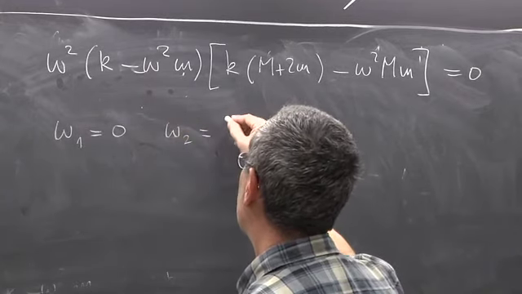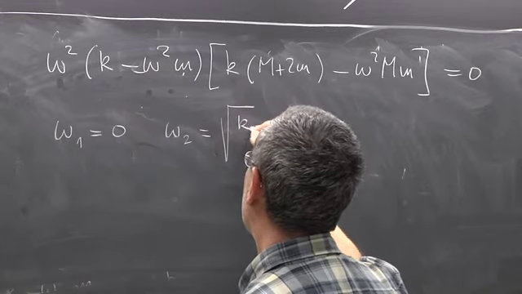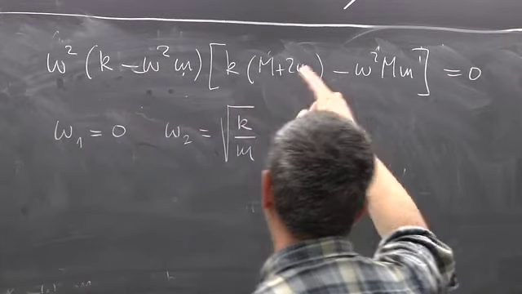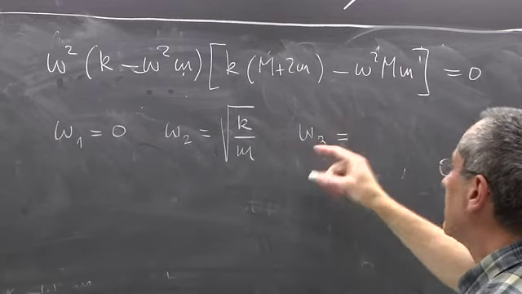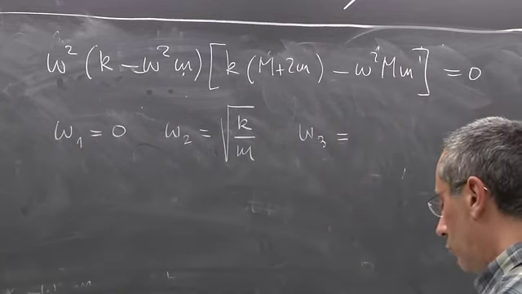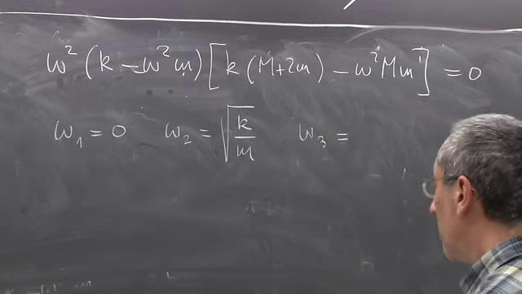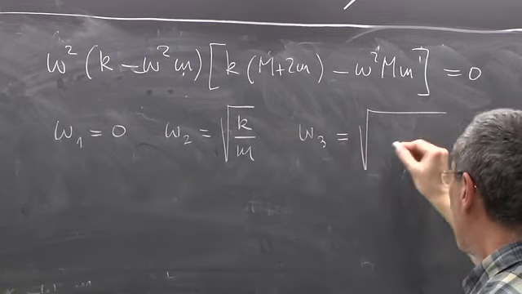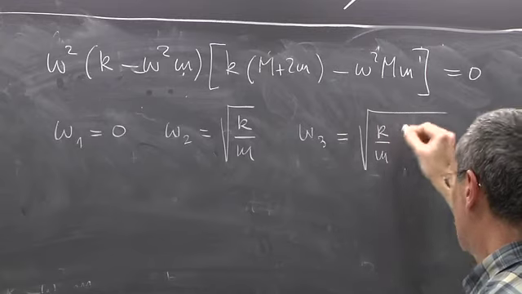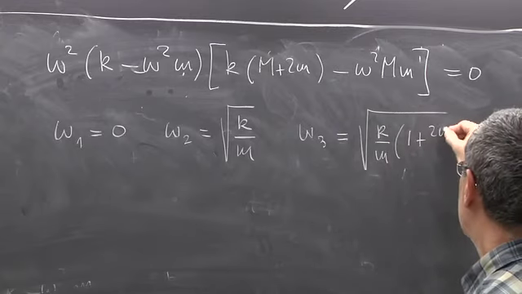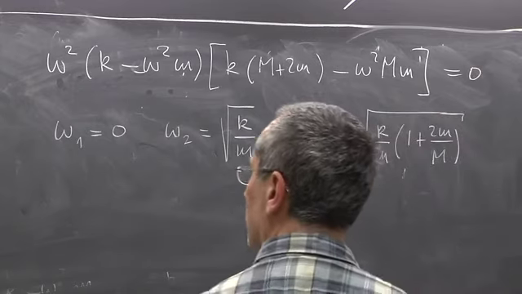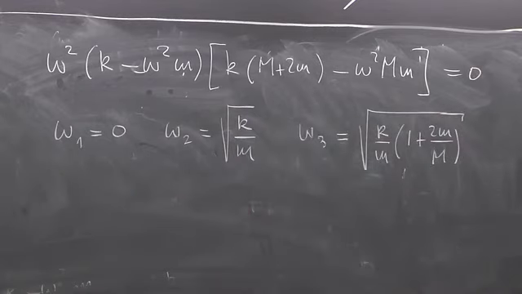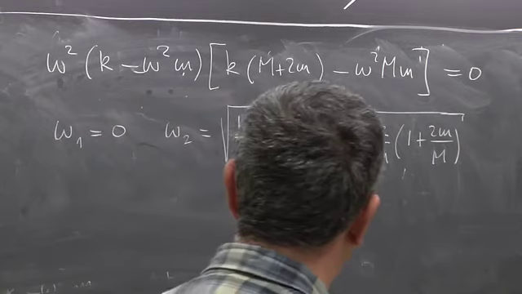For this to vanish, I need the square root of k over m. And then if this last term vanishes, that is my third root, this vanishes if you check, k over m times 1 plus 2 little m over big M, plus or minus.